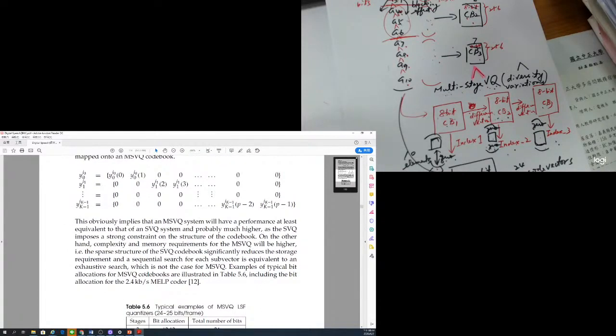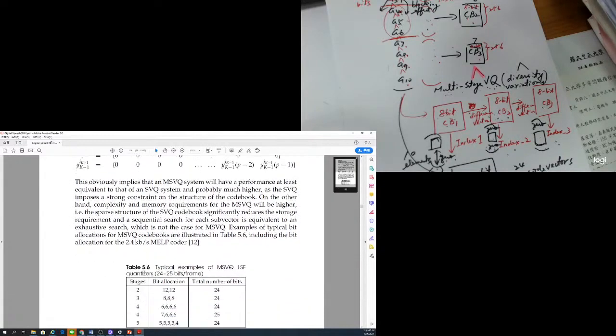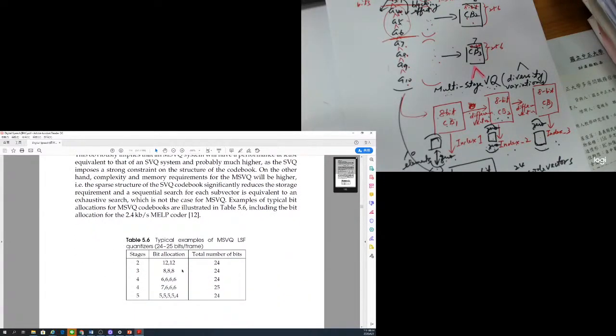Typical multiple stage examples are 5, 6 and Mel cepstrum coders, and mixed excitation coders; they use multiple stage vector quantization. If we partition into many stages, each codebook bit number becomes smaller. When you search your multiple stages, you also have to think about putting a weighting value here.